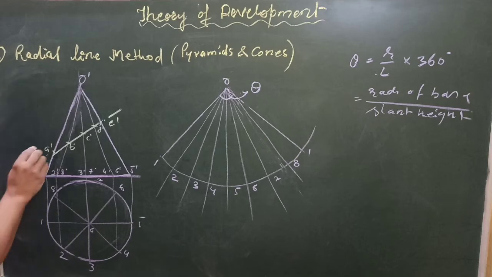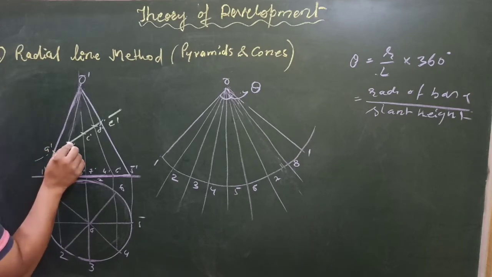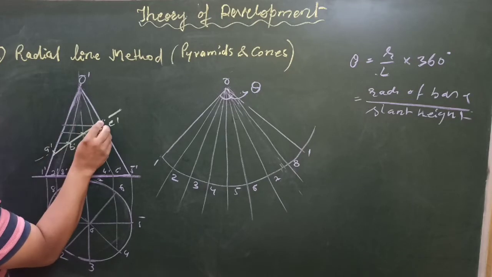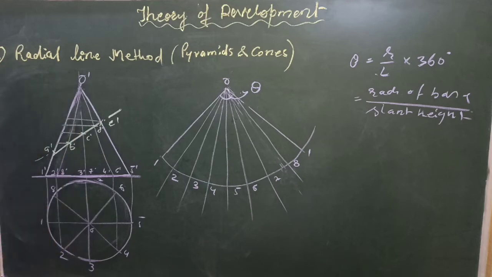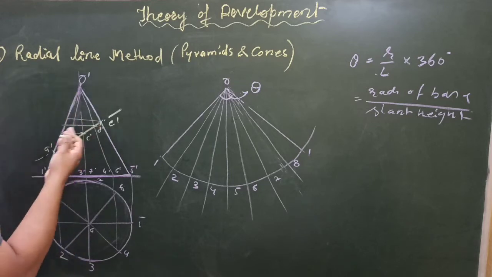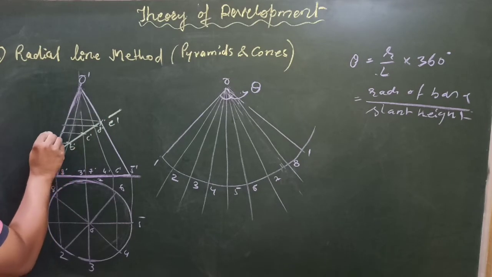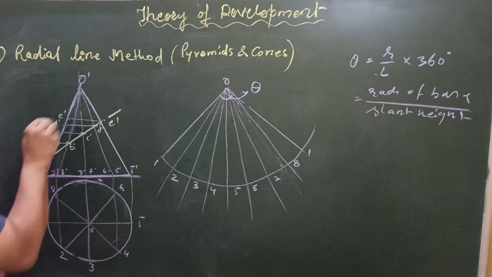So what initially you have to do, drop all these points on the true length line, that is either O dash 1 dash or O dash 5 dash. I have chosen, to remove the confusion, O1 dash, so drop all these distances here. So this will be B dash, C dash, D dash and E dash.